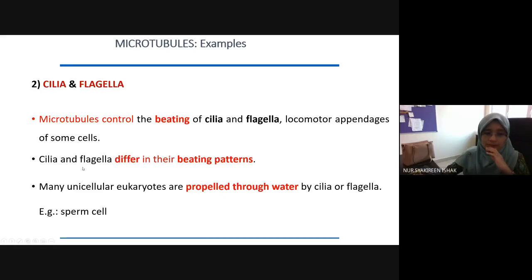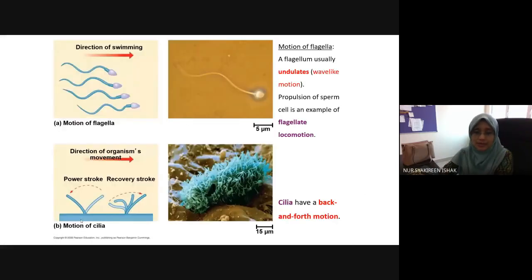So the beating of cilia and flagella will be different. Many unicellular eukaryotes are propelled through water by cilia or flagella. For example, sperm cells have flagella. As you can see from the diagram here, you have several sperm cells, and each sperm cell will have one flagellum. Tak ada sperm yang ada lebih pada satu flagella.